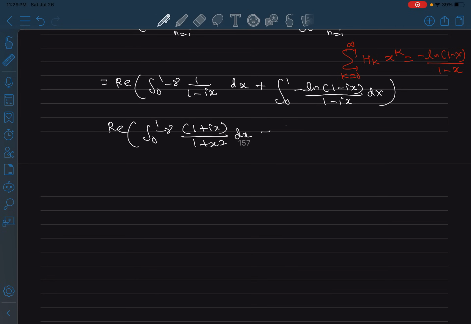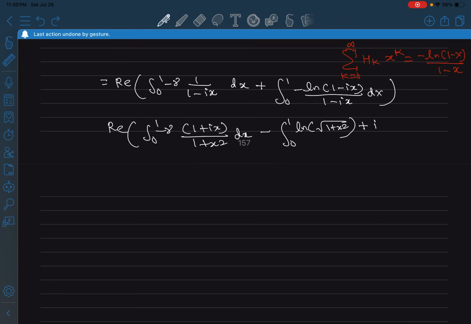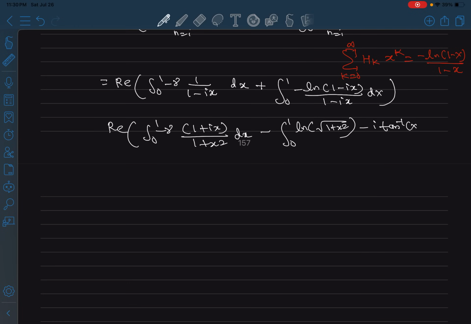The log of a complex number is basically the log of the modulus plus i times the argument. So over here, the log of the modulus is the square root of 1 plus x squared, and the argument is the inverse tangent, which is basically minus x, which I can write as minus i times arctan x. It's in the fourth quadrant, so I can do that.